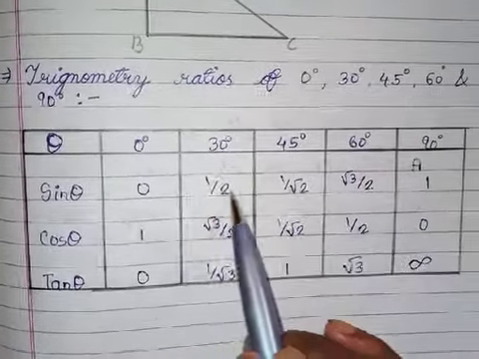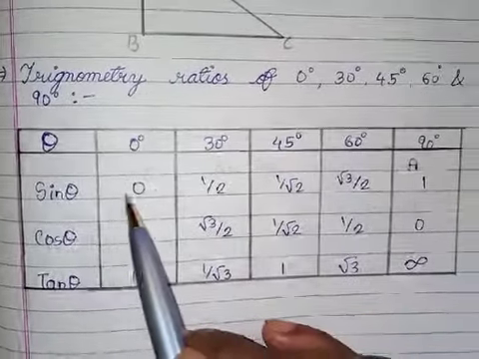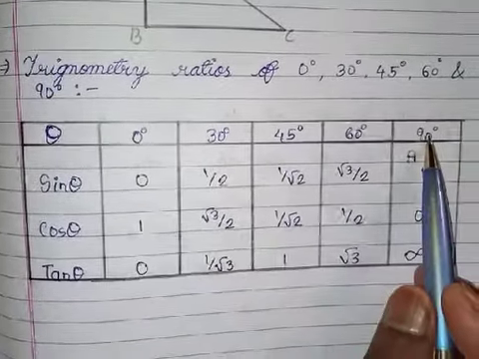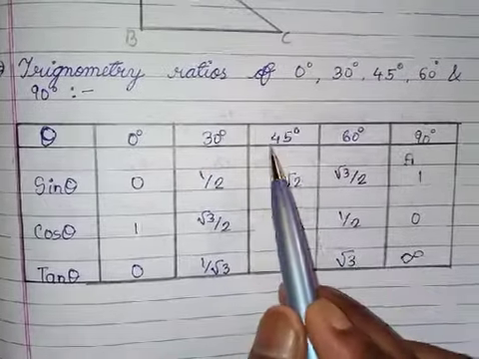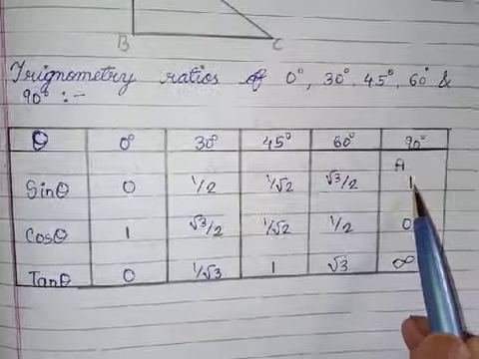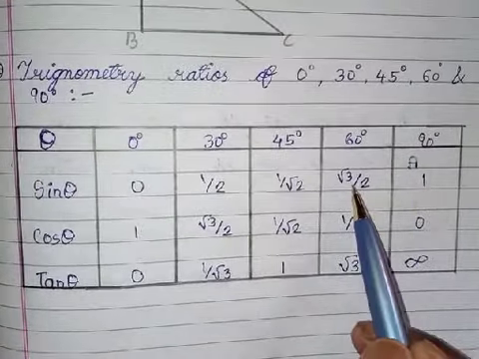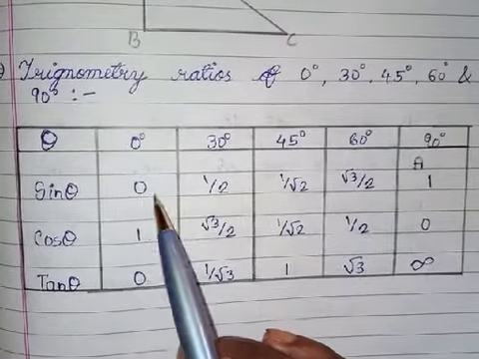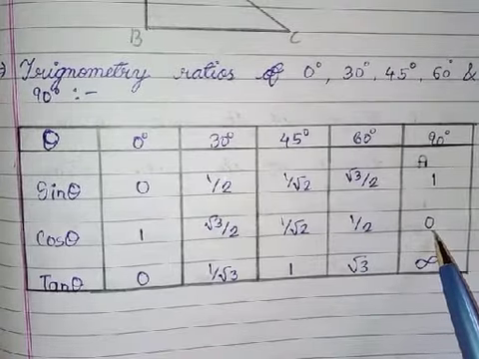This is the value of the sine function at different angles, of elevation or depression. Now inverse it: start writing from 1, then this, then this, and this is 0, that will be cos.